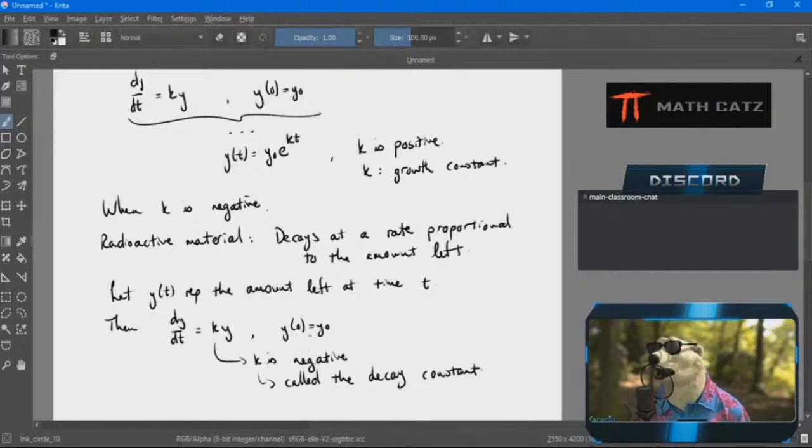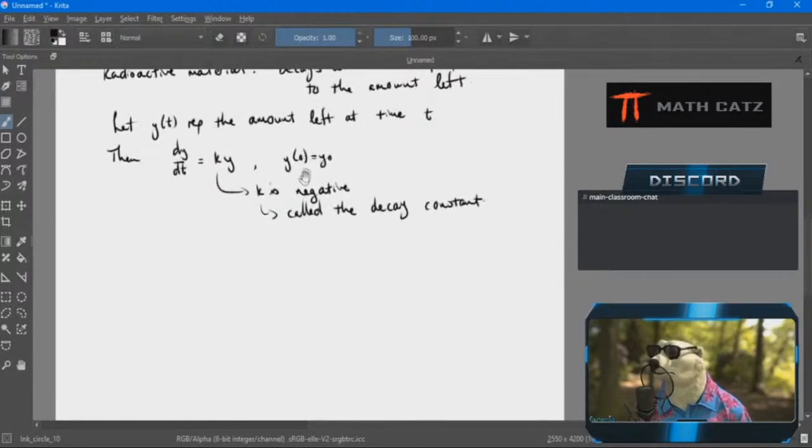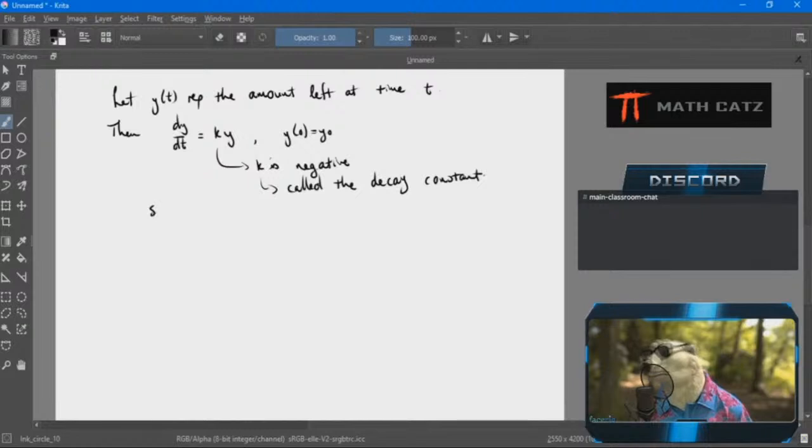So how I'm going to solve this isn't going to change because the differential equation looks exactly the same. It's the same sort of template solution of an exponential function, but k is now negative.